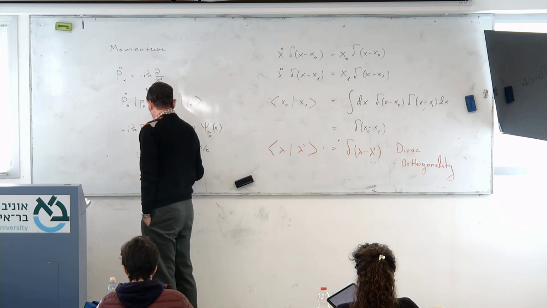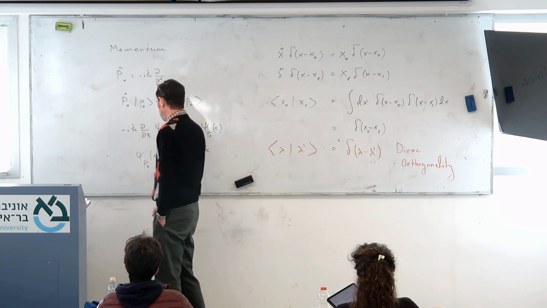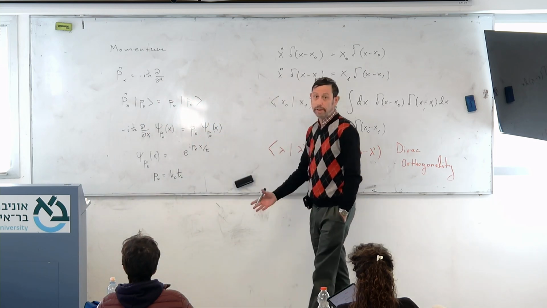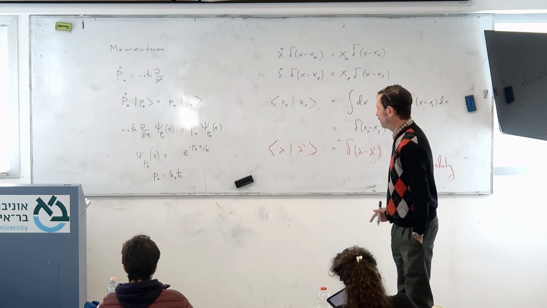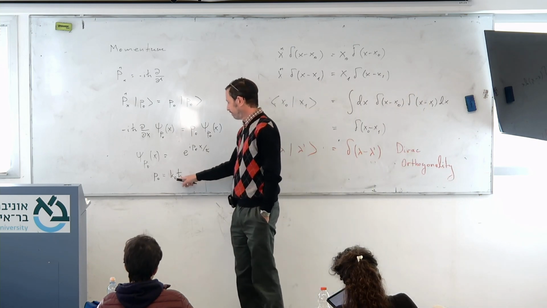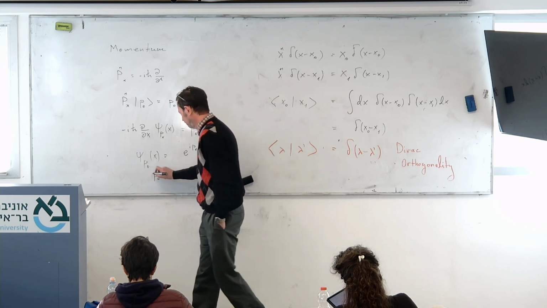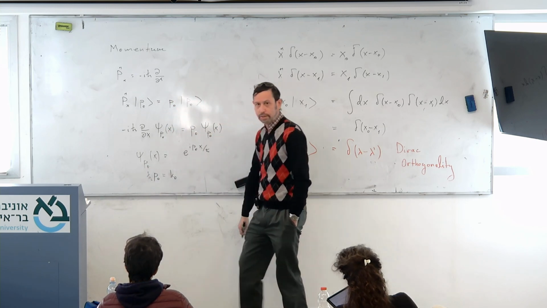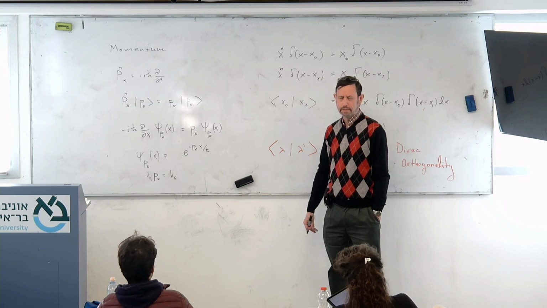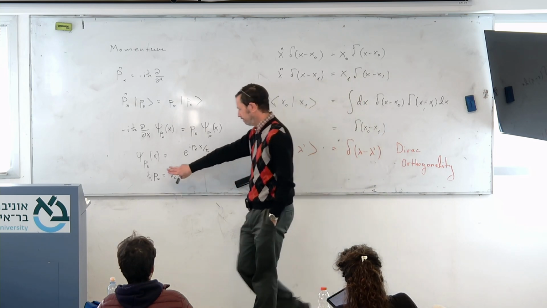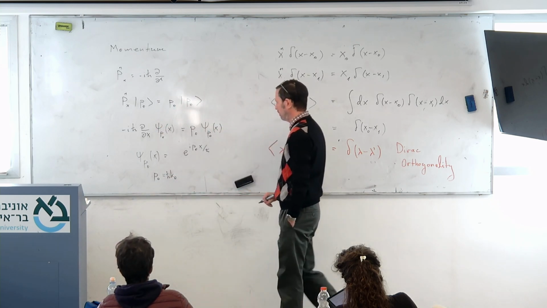So they write the K operator, which is just this connection: p0 is h bar k0.